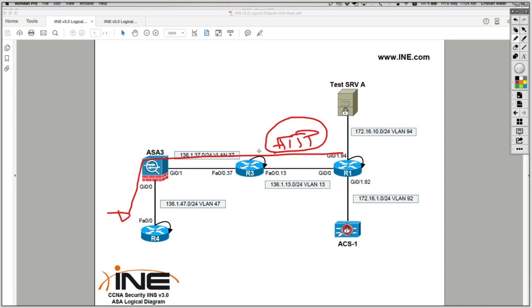So if you would have that HTTP session between router 1 and router 4, and let's say the destination router 1 would state is www.cisco.com, let's say cisco.com. So this is what router 1 actually puts in the browser.